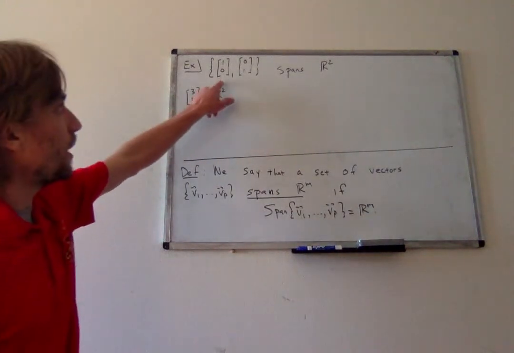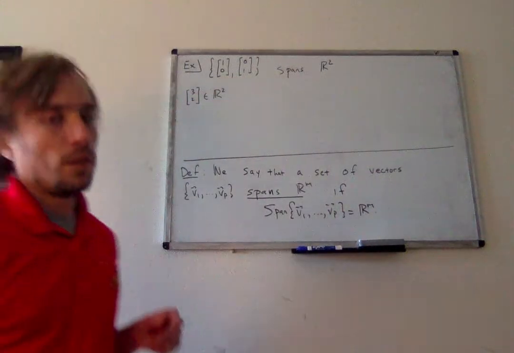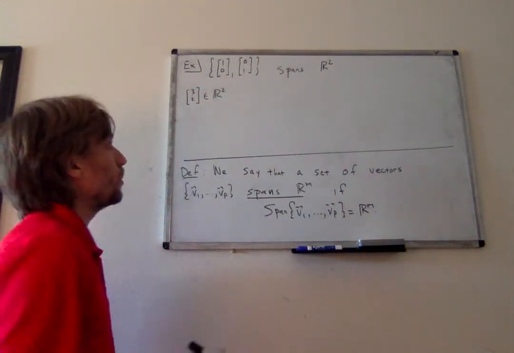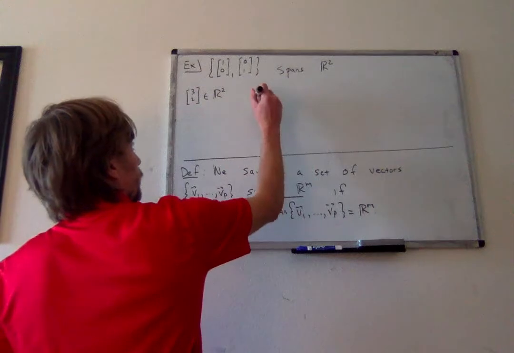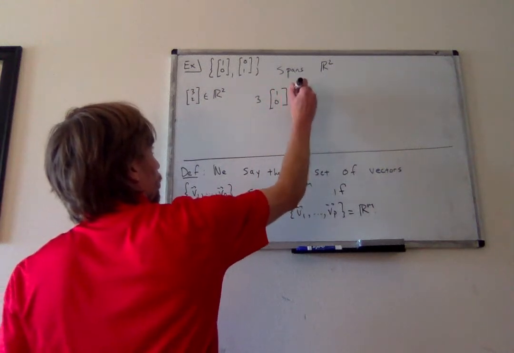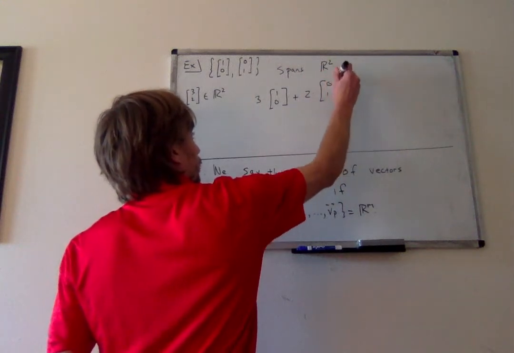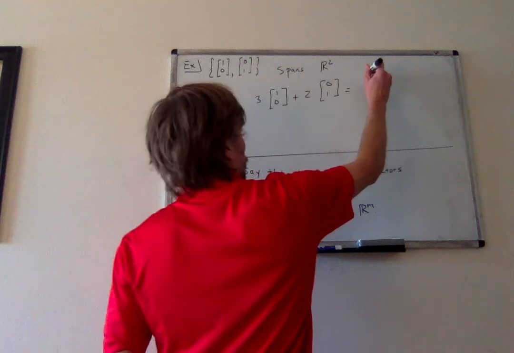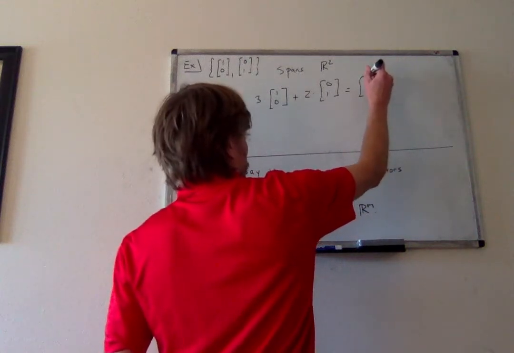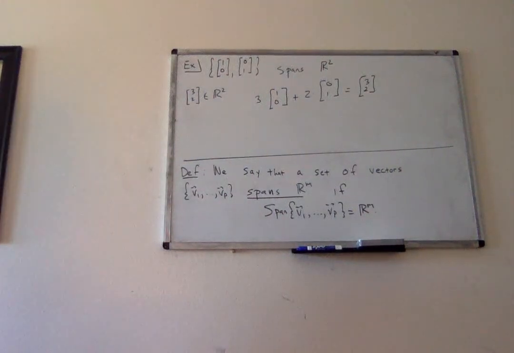So I want to show that I can find a linear combination of (1, 0) and (0, 1) that equals the vector (3, 2). But with the two vectors I've chosen, it's not terribly hard to see what linear combination I need to choose, right? I just need to take 3 times (1, 0) plus 2 times (0, 1), and I get (3, 2).